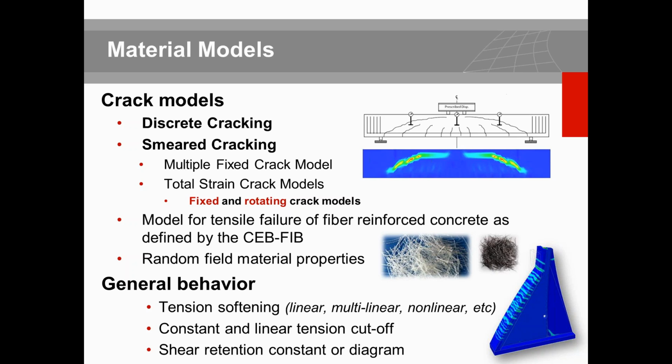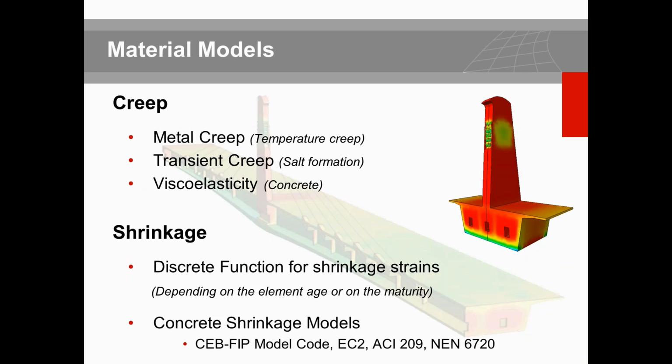While in DIANA we do offer full capability to modify all the features and capabilities in terms of tension softening, compression part, and moving from biaxial tension to compression, all those things, and shear retention, to adapt and adjust the behavior as close as possible to reality. So all those predefined parameters can be overruled by the user.